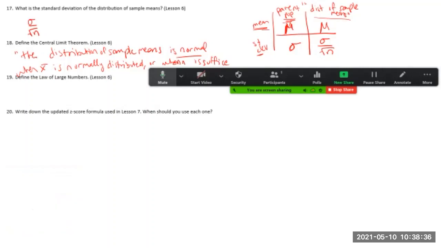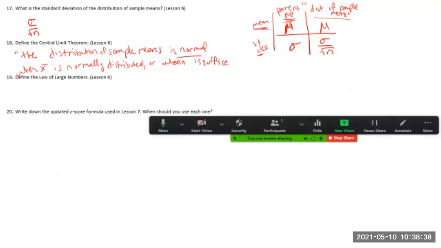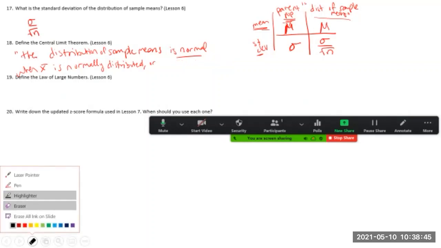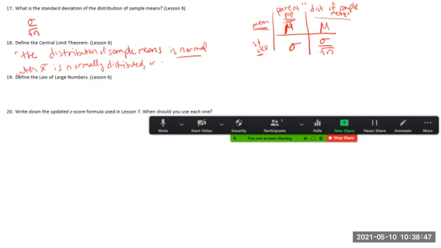And for the purposes of this class, sufficiently large means just n is greater than or equal to 30. But for other classes, it might not be enough. Or when n is sufficiently large, n is greater than 30.